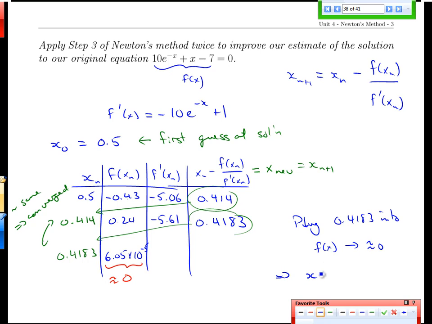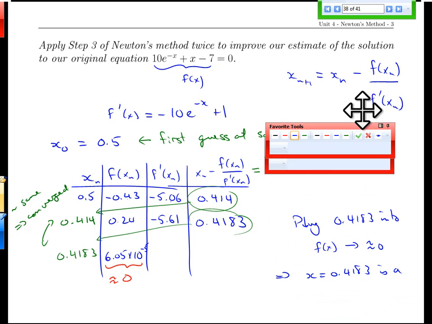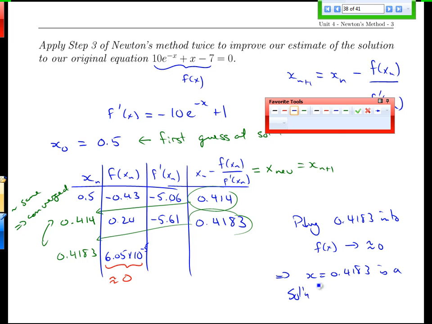Well, that means x equals 0.4183 is an approximate solution to 10 e to the negative x plus x minus 7 equals 0. Again, it's very close, but it's not going to be entirely perfect because we could have more digits on the end here. But if we plug 0.4183 into x here, we'll get something that satisfies this equation.